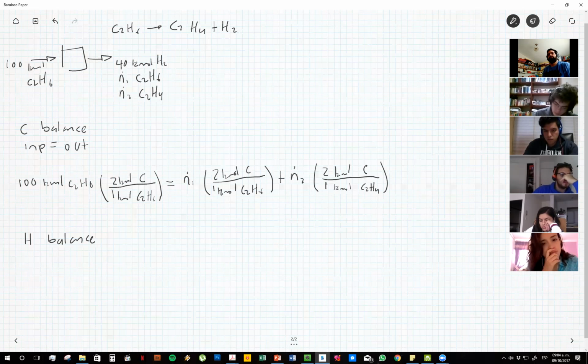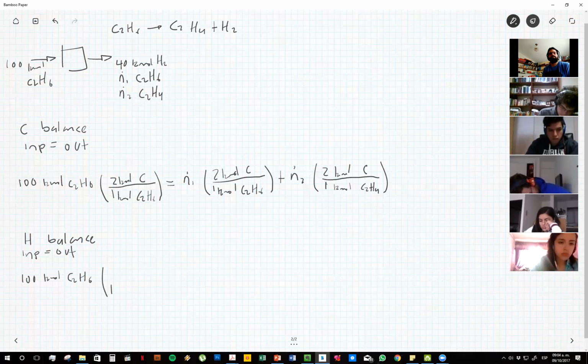Okay, and we can do the hydrogen balance too, right? So the hydrogen balance is the same thing, the input is equal to the output. So in the input we have 1 kilomole of C2H6, and this time around the relation is for each kilomole of C2H6 we have 6 kilomoles of hydrogen, right? Because we have this 6 over here. And in the output, it's going to be the same thing.